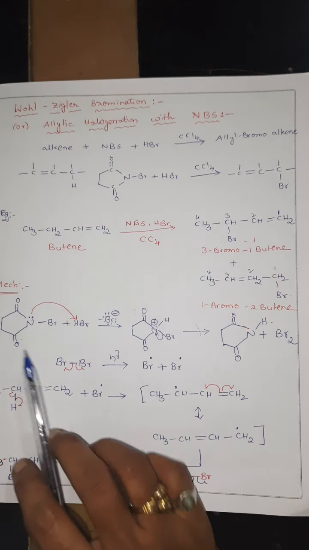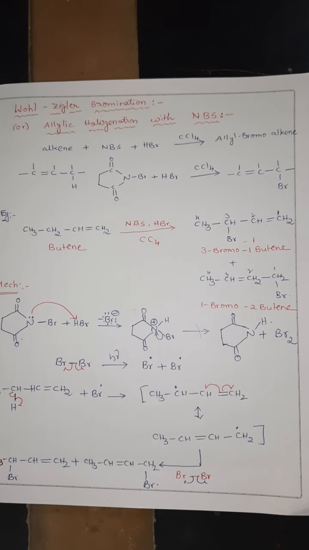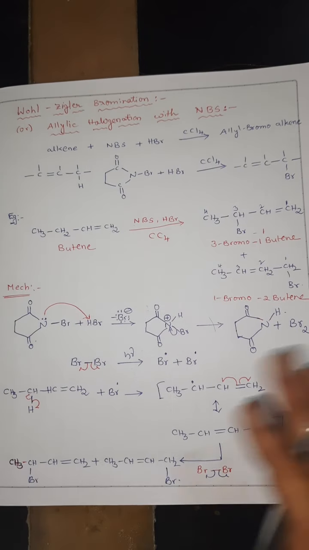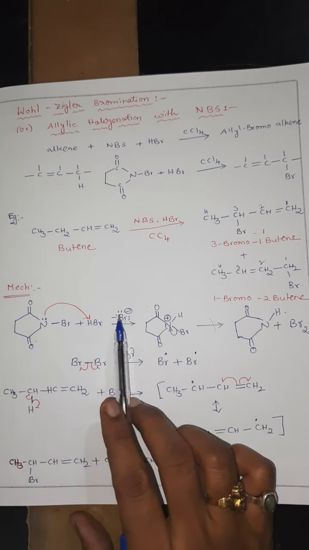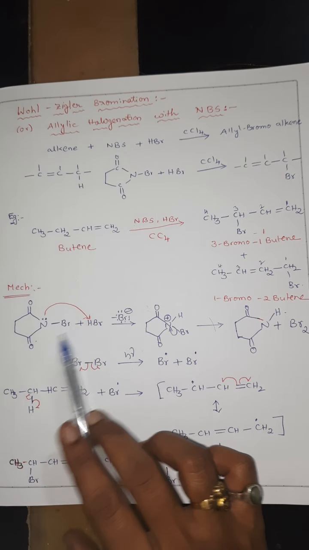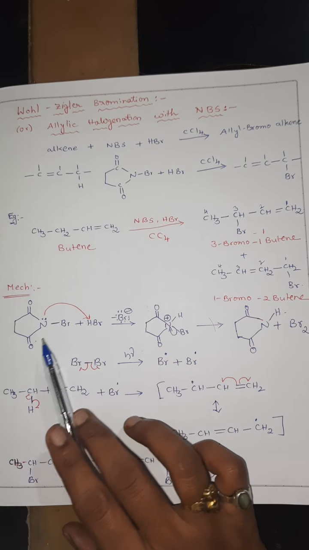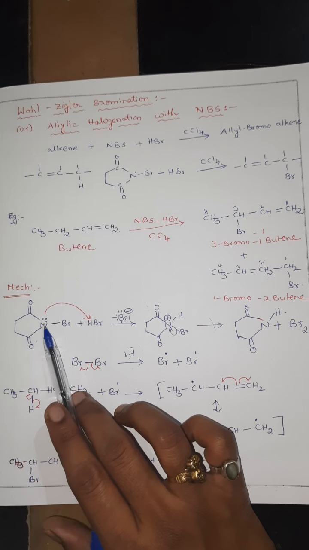So in the mechanism, what will happen? In the first step, N-bromosuccinimide reacts with hydrogen bromide. Here N is a heteroatom with a lone pair of electrons.